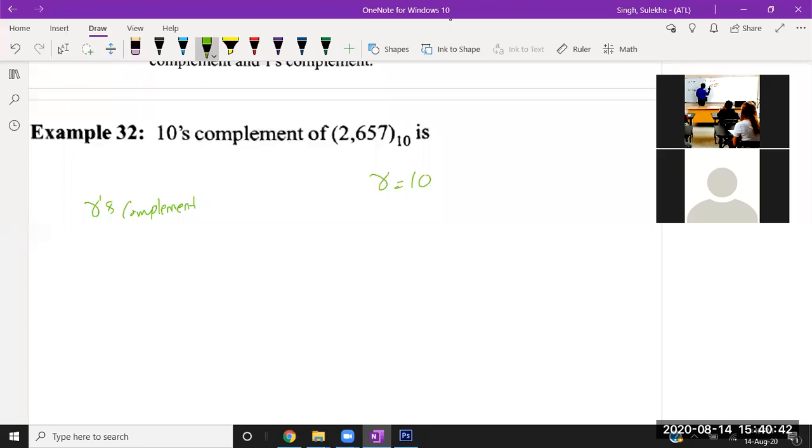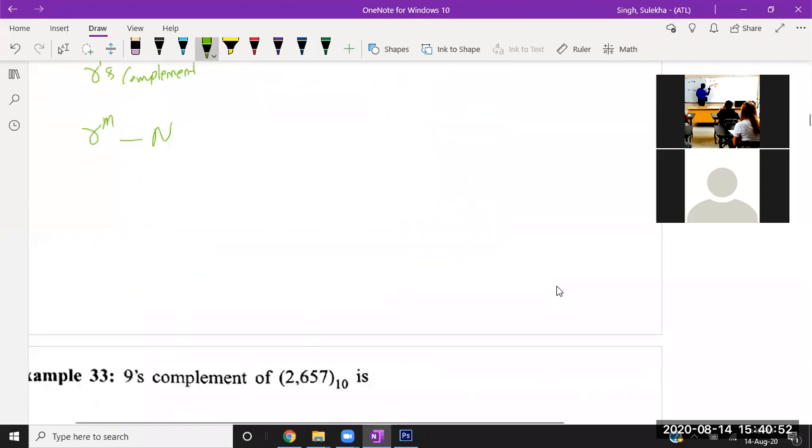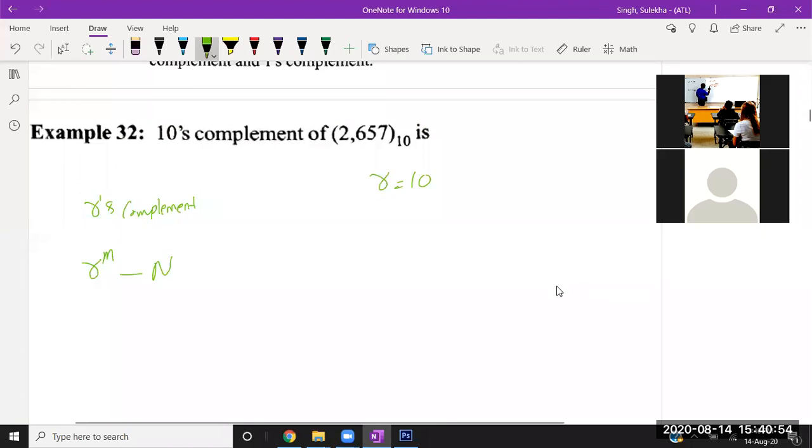The formula for R's complement is R to power m minus n. So basically you need to calculate 10 to power m, where m means how many digits there are. There are 4 digits, so 10 to power 4 minus this number, 2657.